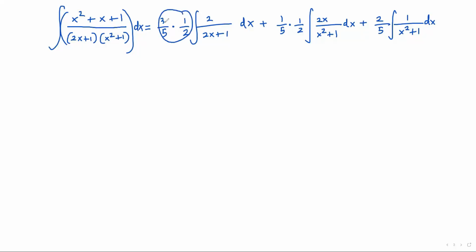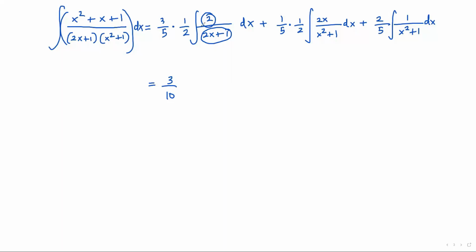Here, if I simplify this one, I'll be getting 3 over 10 because 3 times 1 is 3 and 2 times 5 is 10. Okay, when I look at the stuff inside the integration, I have 2 over 2x + 1. If I find the derivative of the denominator 2x + 1 with respect to x, it's just 2 that we have in the numerator.